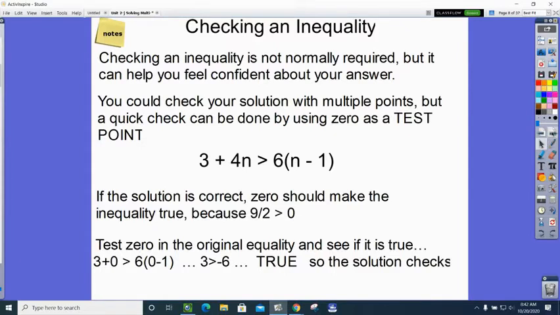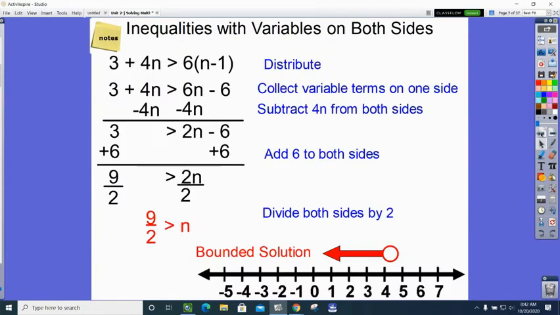So here's where you can catch if you missed the glitch. Checking an inequality is not required, but it can help you feel confident about your answer. You could check your solution with multiple points, but a quick check can be done by using one test point. In this case, I love the number 0. If we go back, see how 0 is part of the solution.